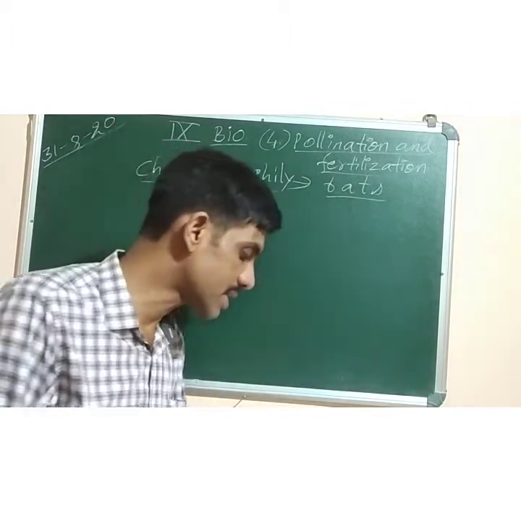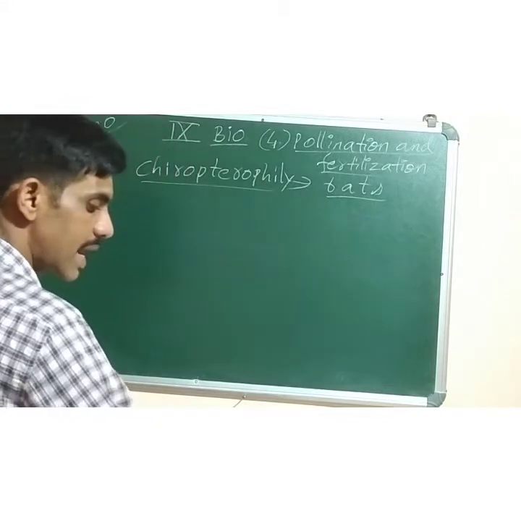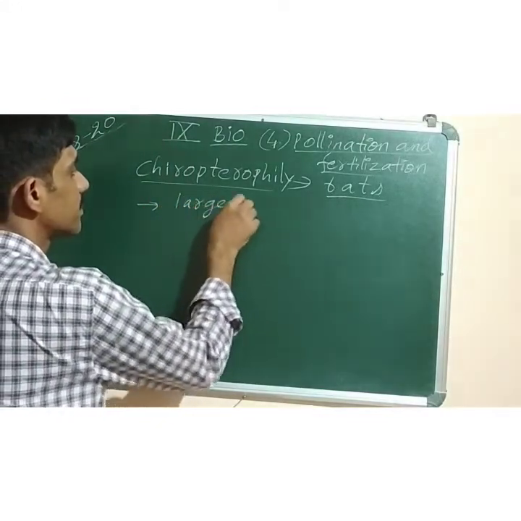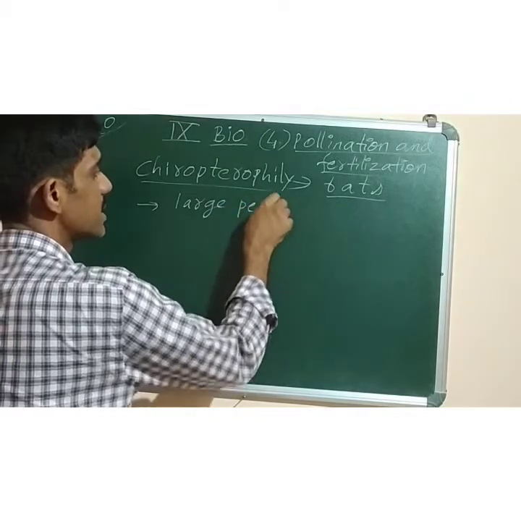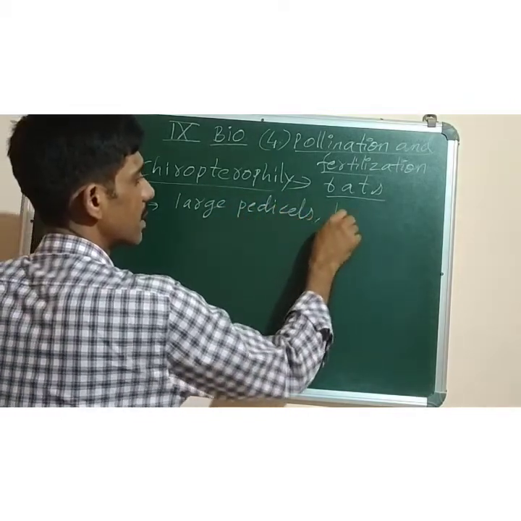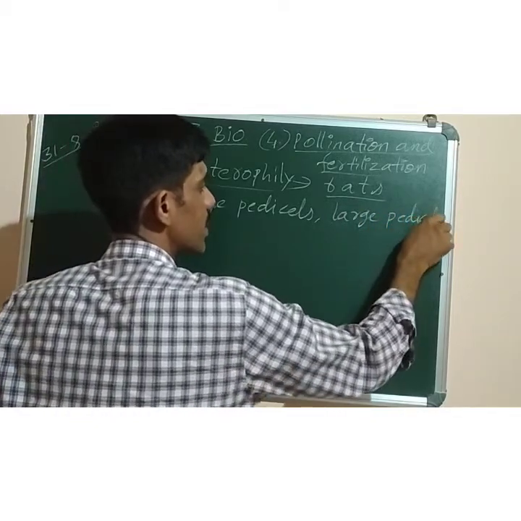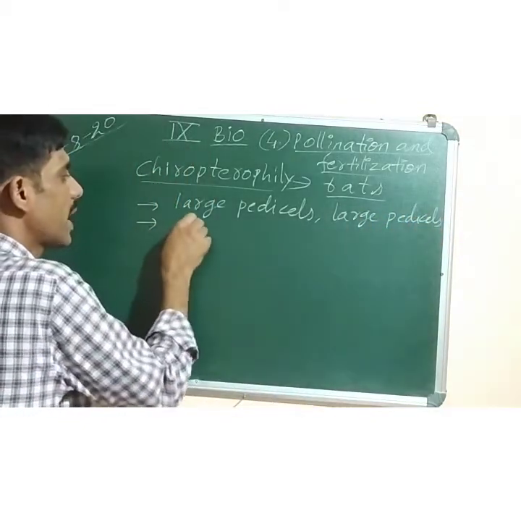And the characteristics are: flowers are large in size and they have large pedicels. Pedicels, you know, the stalk of the flower is bigger. Then they open at night.